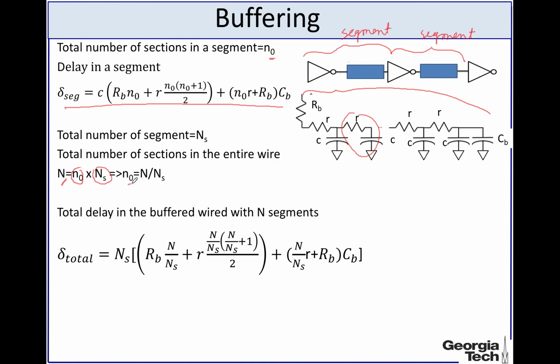In other words, n naught is given by n over ns. ns is again the number of segments or total number of buffers. So the total delay will be equal to the delay of each individual segment, which is essentially this equation, multiplied with the total number of segments that you have. So it will be an equation like this.